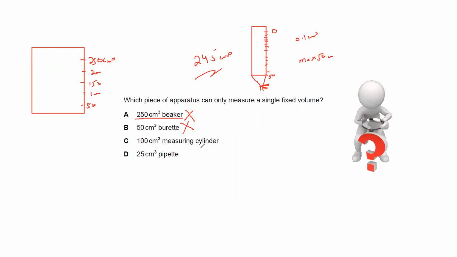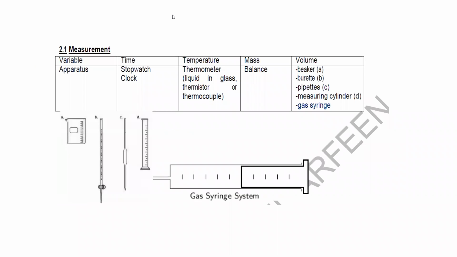A measuring cylinder, same thing. A 100 cm cube measuring cylinder means the maximum value which this can record is 100, but it's not like only one marking is there on the measuring cylinder. There are other markings as well, like 90, 80, 70, 60, 50, 40. So we can measure other volumes as well. But what about the pipette? When you check the pipette, it has only one mark, and that is the 25 cm cube mark.